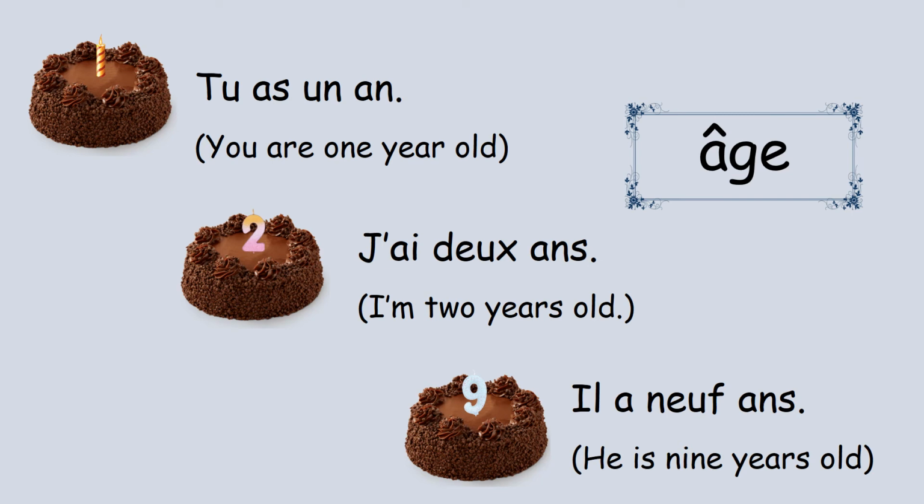So we will say il a neuf ans. So that is clear that age is always described in French with the verb avoir, to have. But in English it is the verb to be: I am, you are, he is, she is.